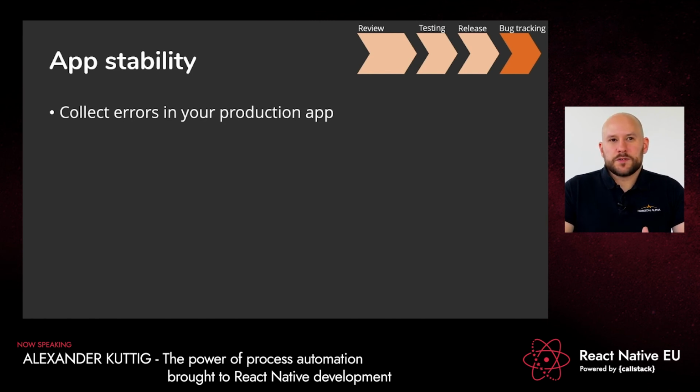I think most of you do, but for those who don't, you should start collecting your errors in your production app. It's really easy. All the big tools integrate into React Native very easily. It's just some commands and some lines of code you have to change. So it comes with no effort, and you should start doing this.